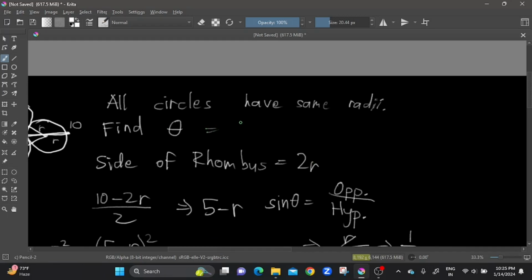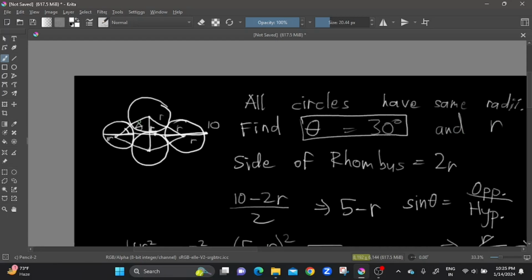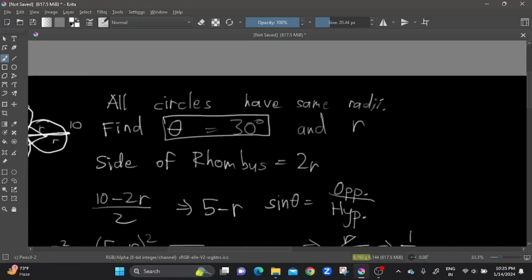Theta is equal to 30 degrees. Wasn't that hard, frankly speaking. You know what? I was dumb. I could have just done this the entire time, 2r by r, to find theta. So my apologies. So we're just going to change the question and add r. That's fine, we'll just put it at that.